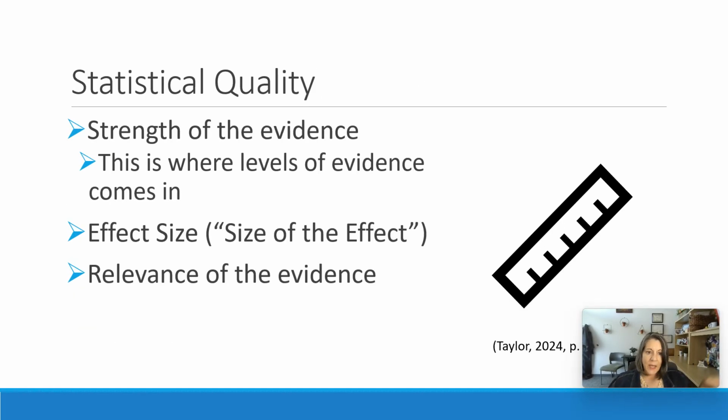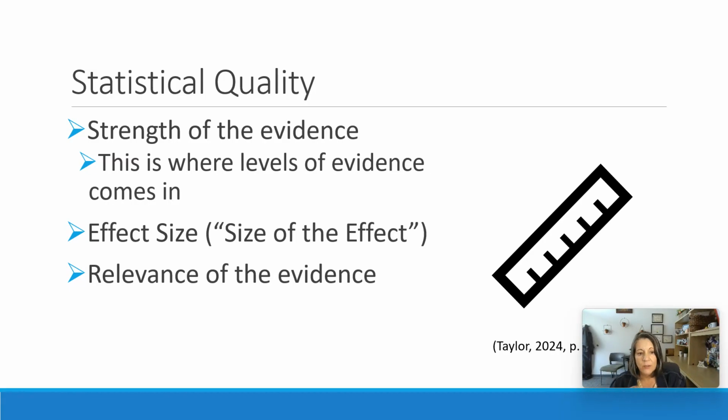So this takes us back to thinking about statistical quality or the statistical conclusion validity that we talked about within the last couple of weeks. And remember, these are the three aspects that, according to Cochrane, are the things that a research study has to have. So this actually lines right up with what we look at in the Johns Hopkins tools. Is the evidence strong?